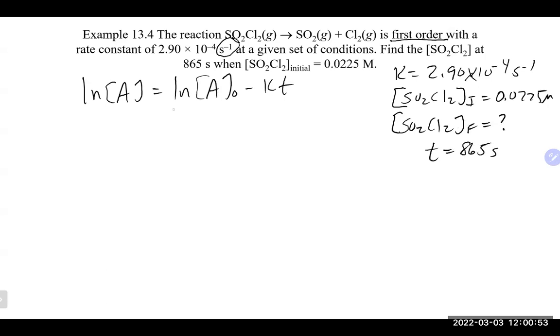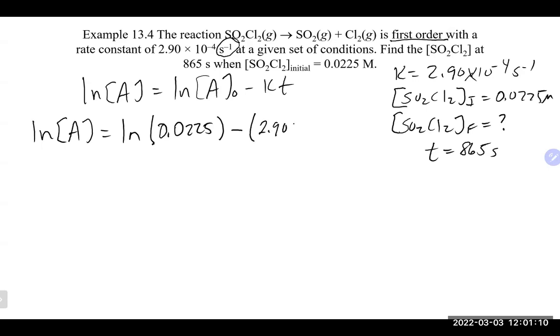So really, we have everything that we need on the right-hand side. So we're going to go natural log of A equals the natural log of our initial, which was 0.0225, minus our rate constant of 2.9 times 10 to the minus 4 reciprocal seconds, times our time, which in this case is 865 seconds.